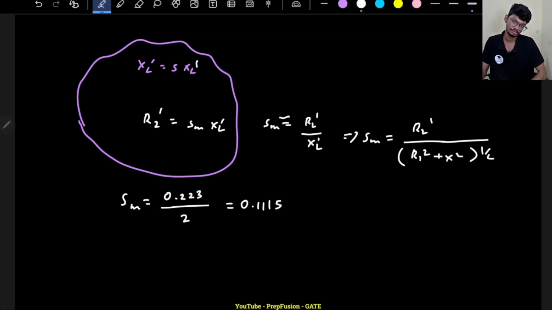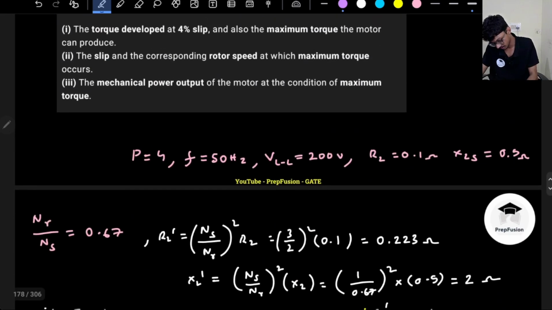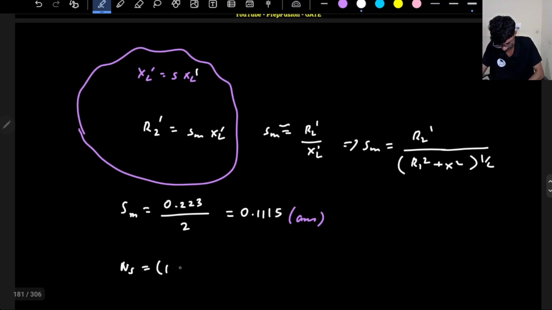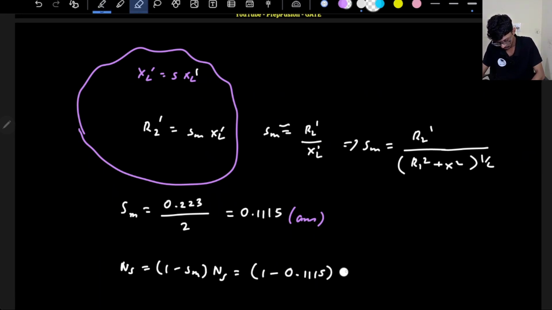This is one of the answers. What is the other thing that they have asked? They have asked the slip and the corresponding rotor speed. So rotor speed Nr will be simply 1 minus Sm into Ns. What is Ns? Ns is 120 f by p, so 1 minus 0.1115 into 120 f by p.